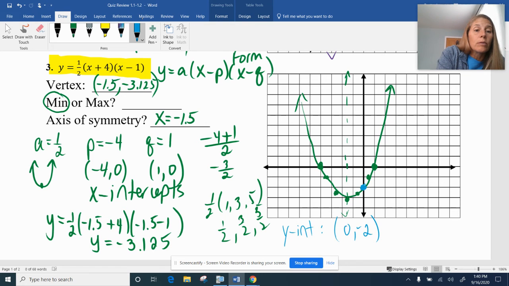Well, if I put zeros in for my x's in the original problem and solve it, I would have 1/2 times 4, which is 2, and 2 times -1, which would be -2. And that is how you graph quadratics in either the standard, vertex, or intercept forms.